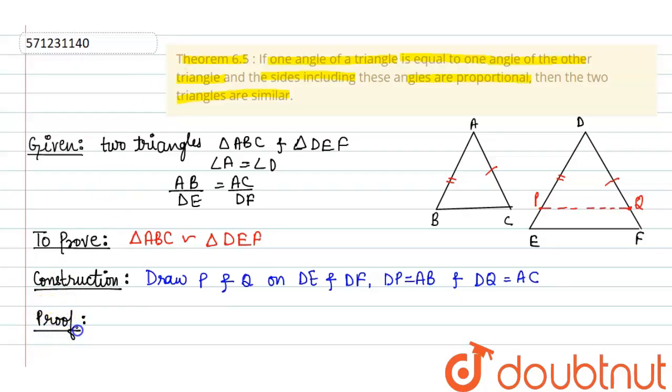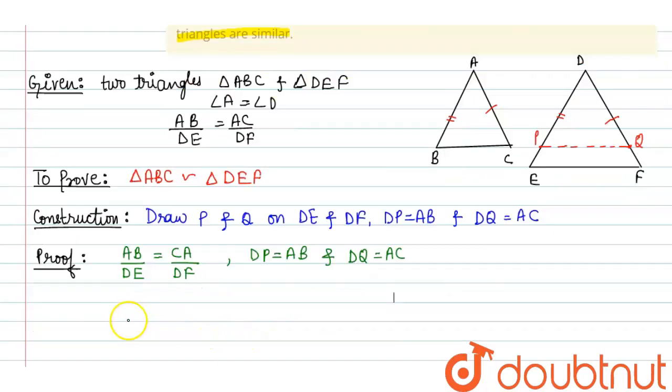To prove this, firstly it is given in the question that AB upon DE equals AC upon DF, and from the construction we have drawn DP equals AB and DQ equals AC. So in place of AB and AC I will replace DP and DQ.